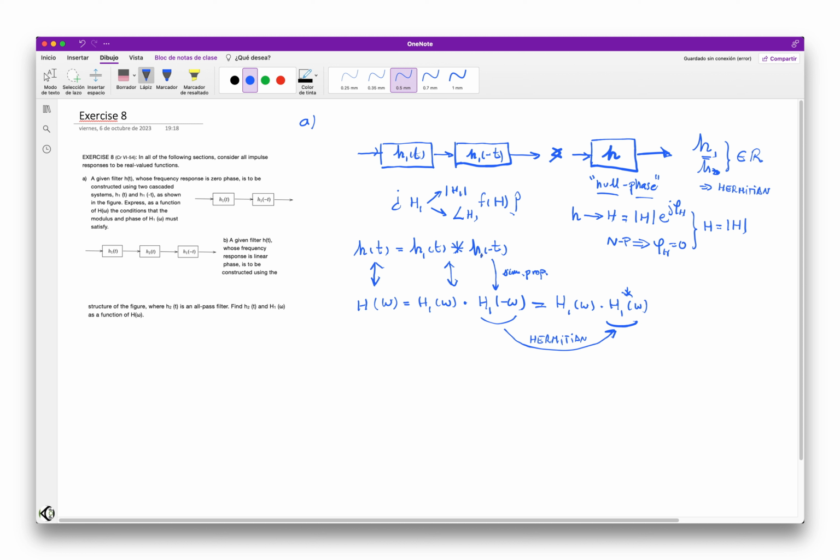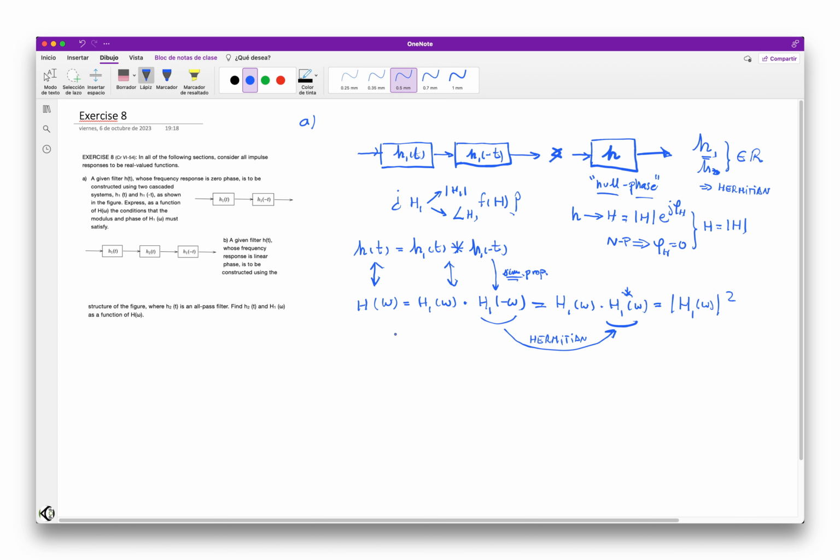However, the step from h1 of minus t to capital H1 of minus omega we can always do because it's a symmetry of the transform itself. You don't impose any restriction on h1. And we know that when we multiply a complex number by its conjugate, the result is the modulus of that complex number squared.